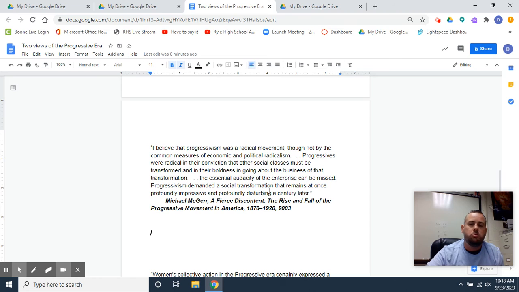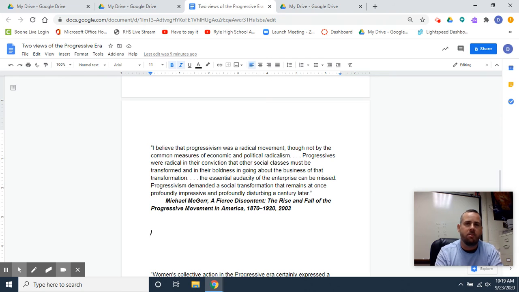Progressives demanded a social transformation that remains at once profoundly impressive and profoundly disturbing a century later. If you think back to the problems of the Gilded Age, poor immigrant factory workers, child laborers, African Americans who, even though they are now free from slavery, are not being offered all political rights in terms of social opportunities, voting, economic opportunities, education.